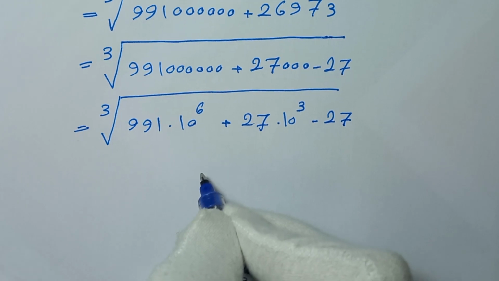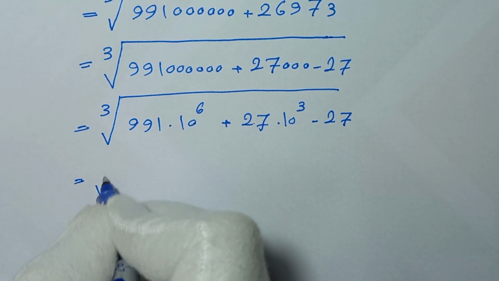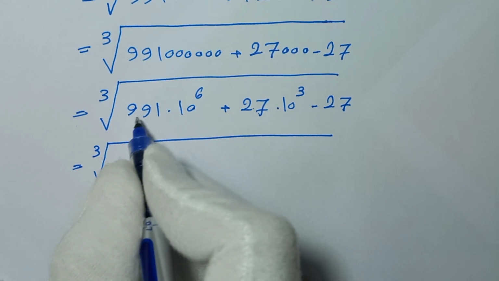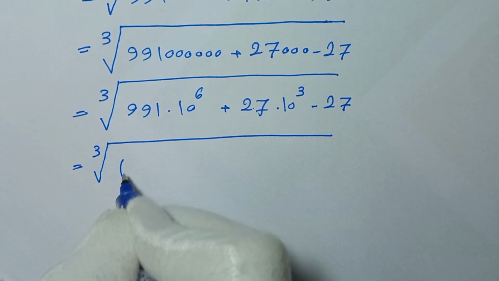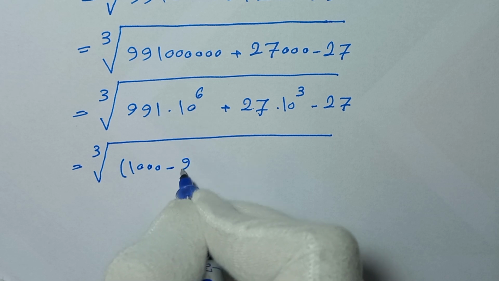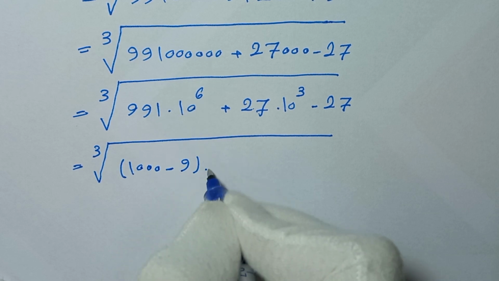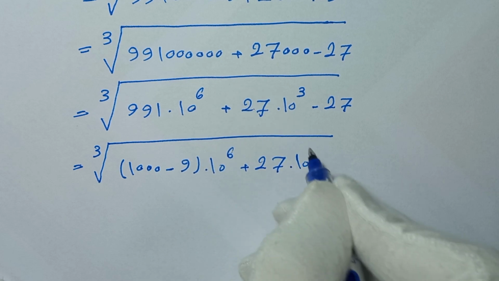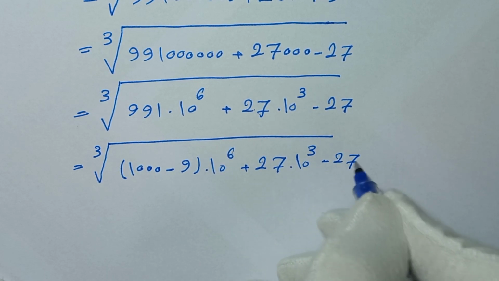In the next step, it will be the cube root of, we can write 991 as 1000 minus 9, times 10 to the power of 6, plus 27 times 10 to the power of 3, minus 27.